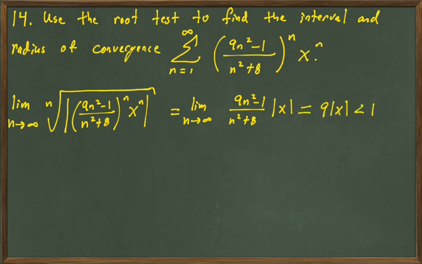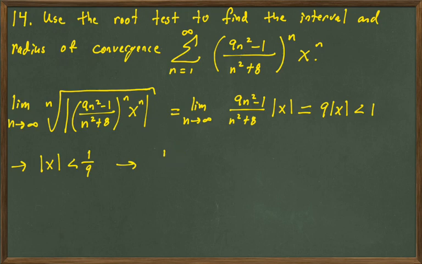And for the root test, we want the limit of the nth root to be less than 1. So divide by 9, and so we have the absolute value of x is less than 1/9. So let's go ahead and fix this here.